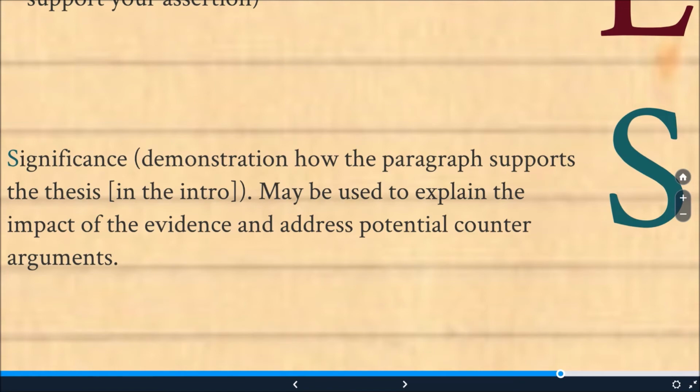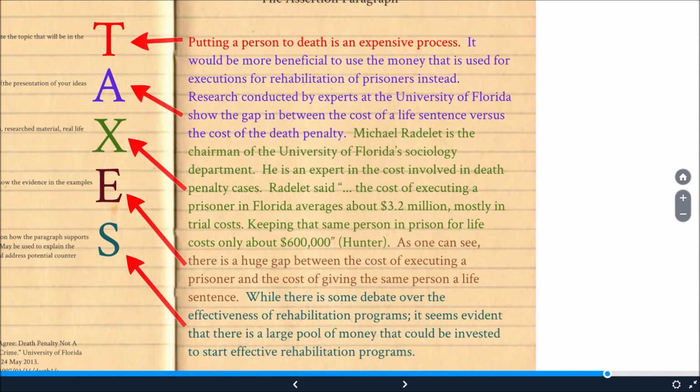What's next that sort of piggybacks off of this is this idea of significance. So if you take a look over the side here in a second, you're going to see what the impact of the evidence that I provided is. And that's the blue part down at the bottom where it says, while there's some debate over the effectiveness of rehabilitation programs, I kind of started that part of it with that, meaning I'm not debating whether rehabilitation programs work. I'm just saying there's a different way of allocating money to research programs.